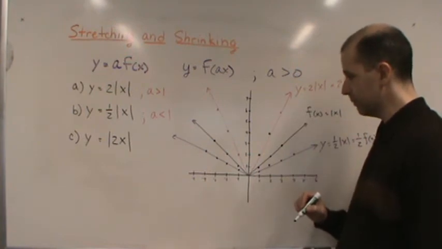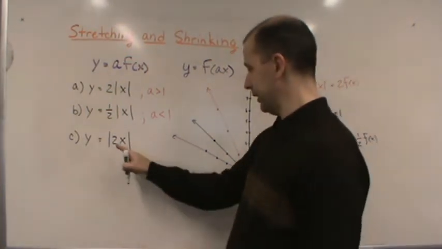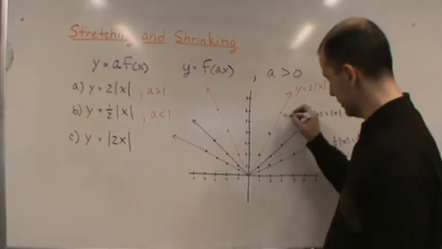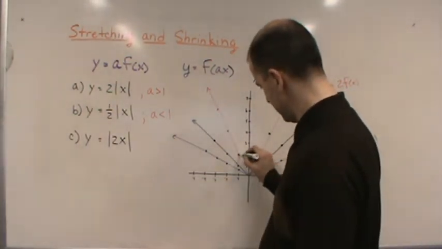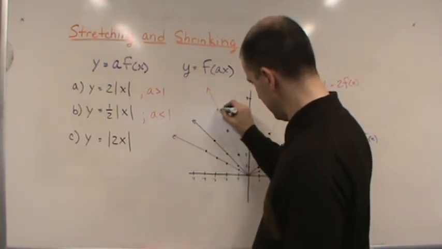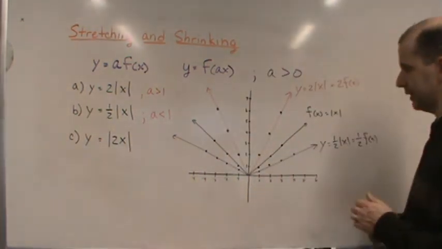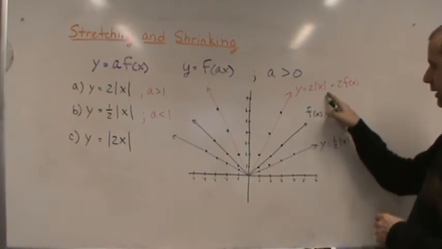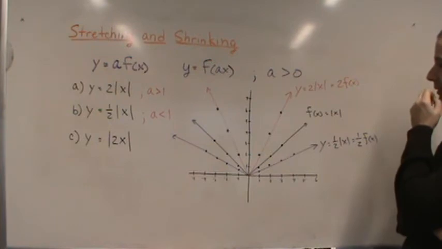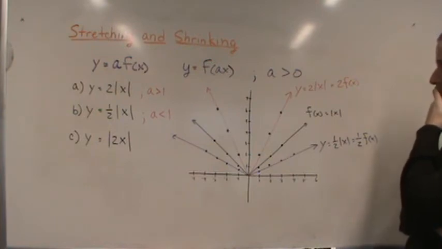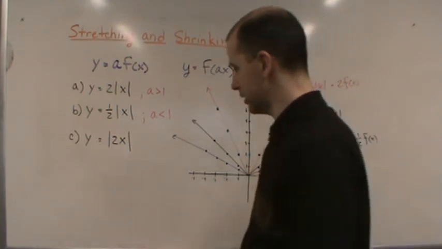Okay. And if I go to 3, well, then that gives me 6. And notice that I get the same result here. So what's the point?